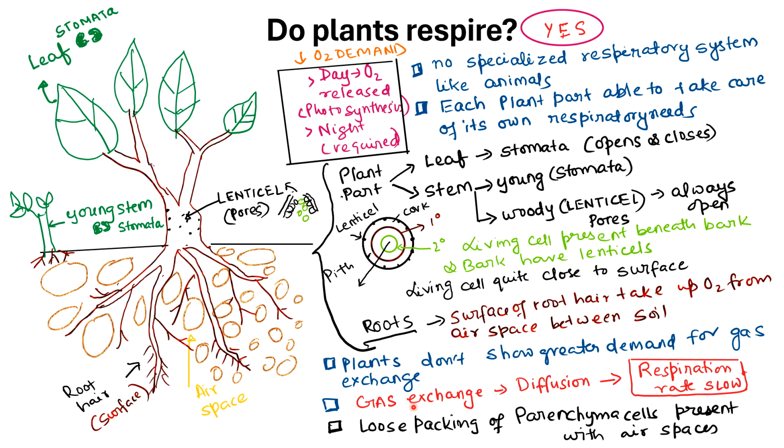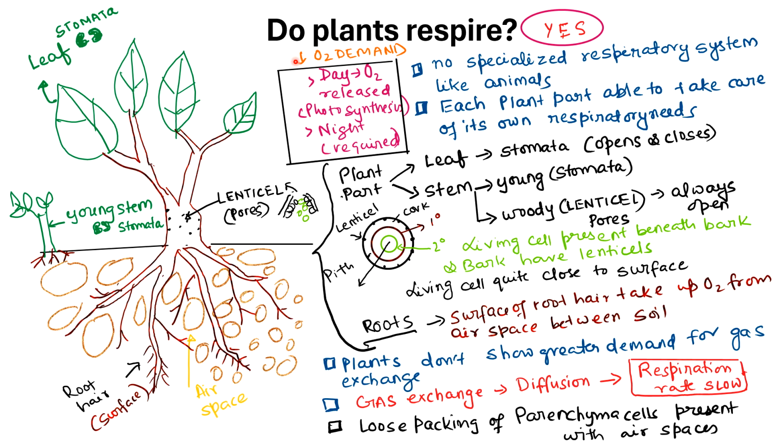The gaseous exchange can easily take place with the help of diffusion, because the oxygen does not need to travel a long distance in case of plants. That is why the respiration rate in plants is slow. Okay, and plants do not show greater demands for gaseous exchange.